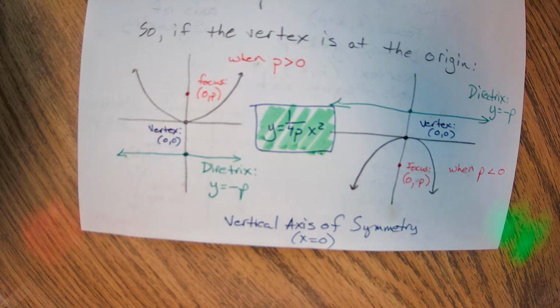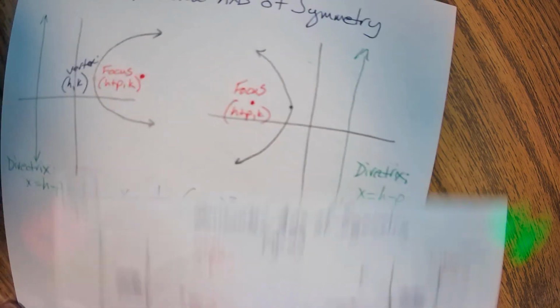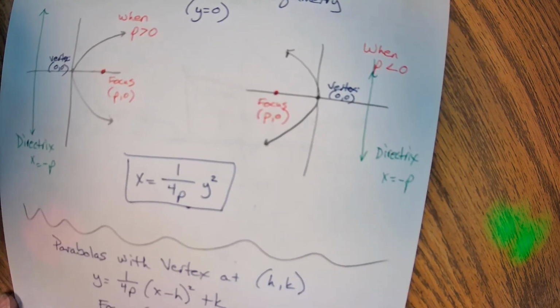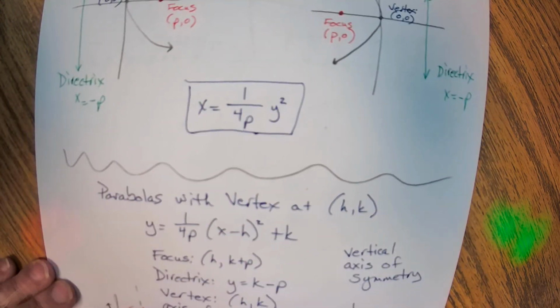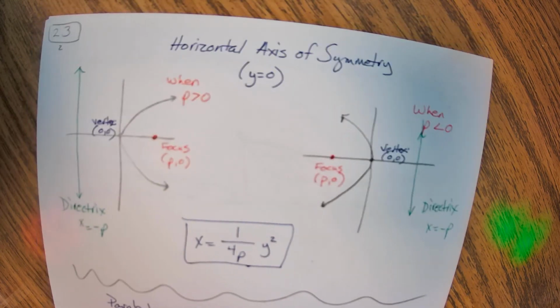So you're going to want to pause right here and copy that into your notes. And then the other one you're going to want to make sure you copy down. Remember, this is when the vertex is still at the origin.